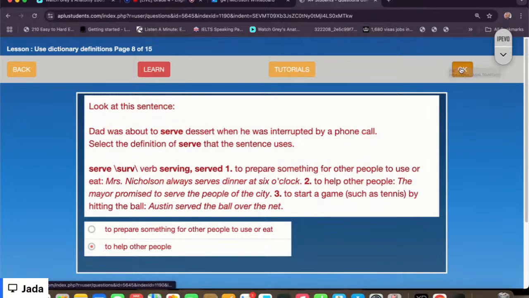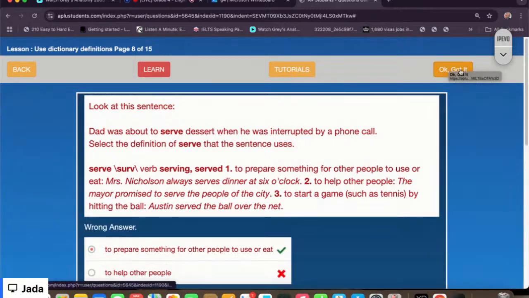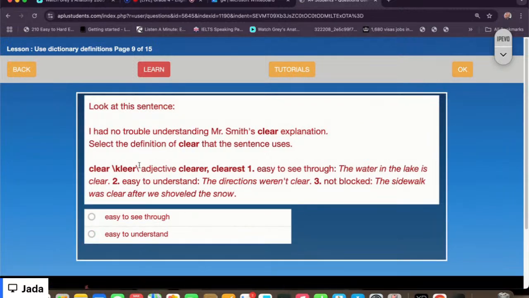All right, so what? To help others is wrong, but to prepare something for others to use or eat, that's serve, okay? So: I had no trouble understanding Mr. Smith's clear explanation. So is it easy to see or easy to understand?